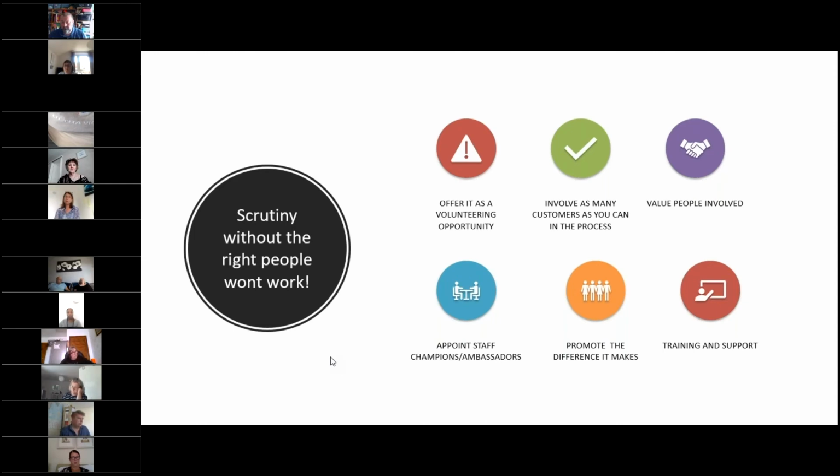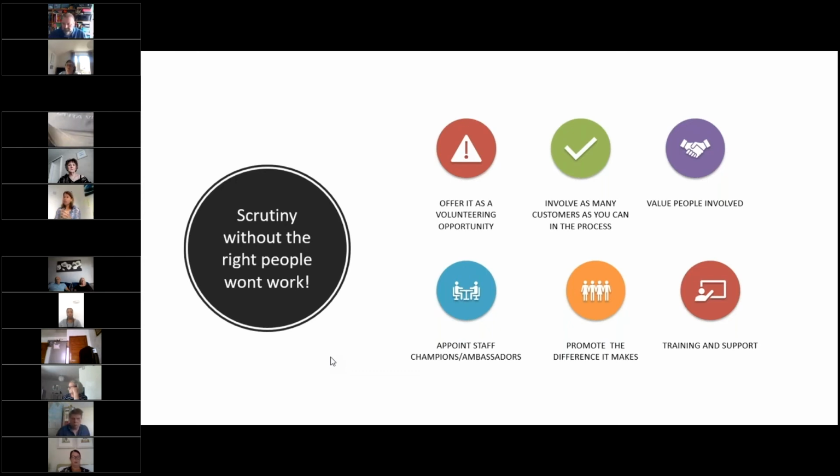We've talked about this before, how some organisations have a central panel of people, and then they have people out there on the factory floor, if you like, in the schemes or in their estates, being scrutineers as well and helping support the central panel. Making sure you involve as many people as you can is very useful.